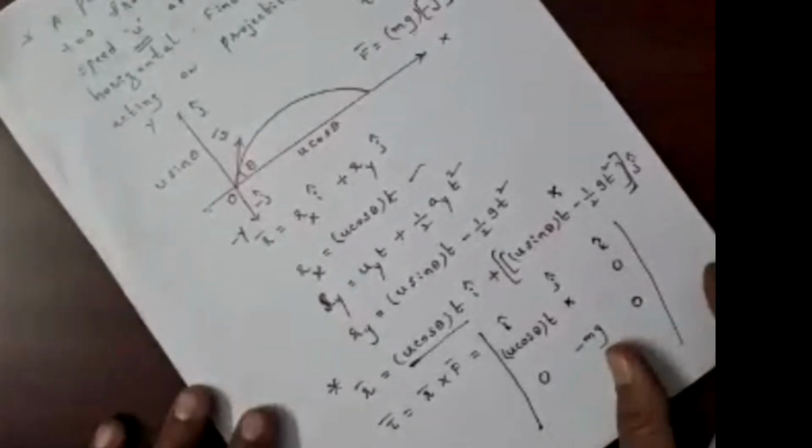Now, F bar. What is the i cap here? There is no i cap, mg into minus j cap here. We don't know the i cap value, so 0. What is the j cap? Minus mg. Here, what is the k cap? There is no k cap here, so 0.